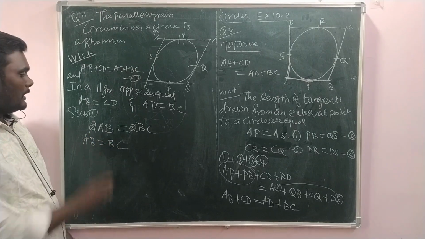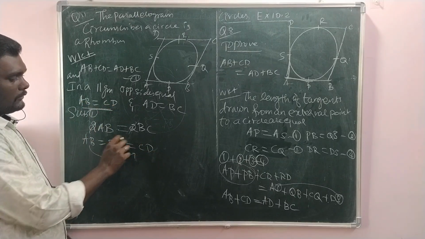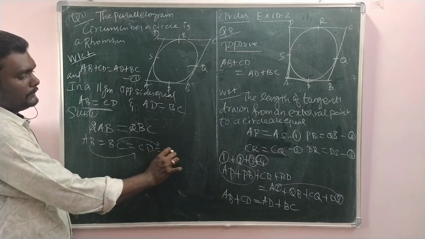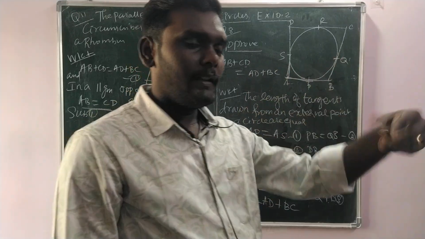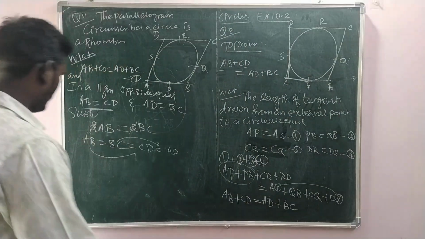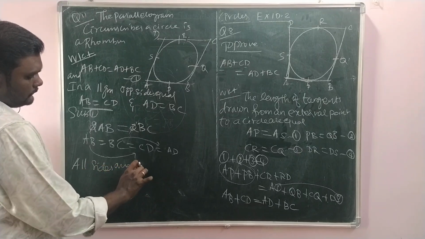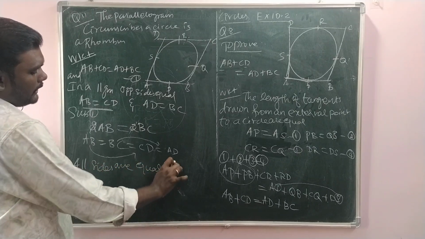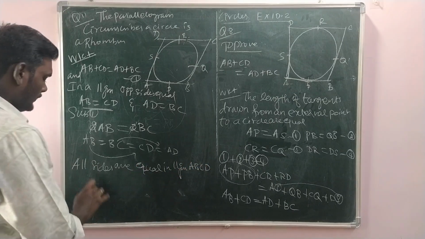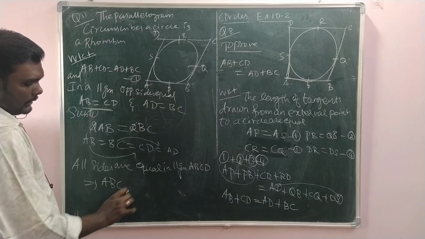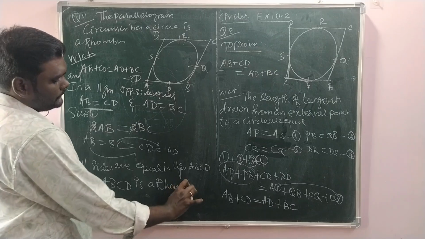But AB is already equal to CD, and BC is already equal to AD. That means all the sides are equal. In this parallelogram all the sides are equal, so how do we call it? This parallelogram ABCD is a rhombus.